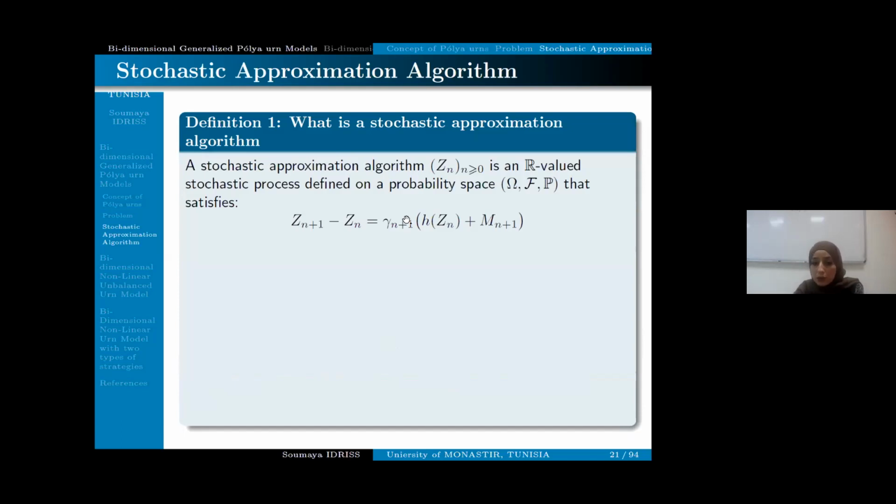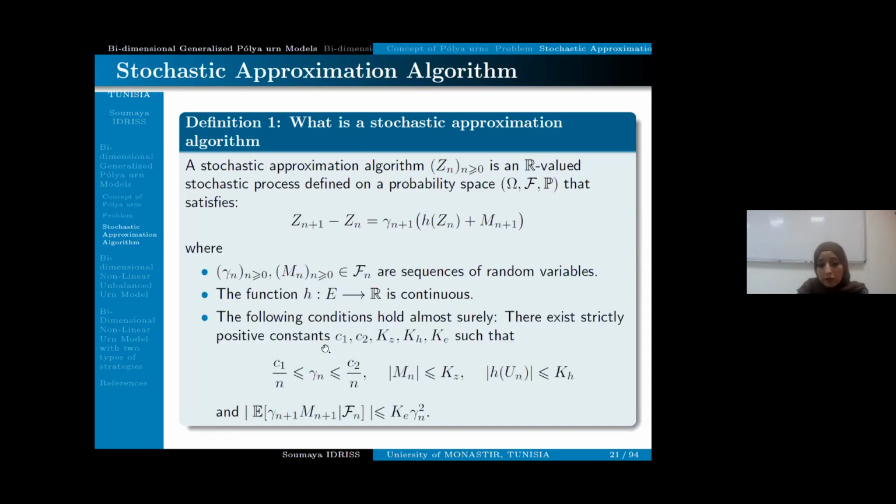So according to Renlund, a stochastic approximation algorithm Zn is an R-valued stochastic process defined by this recursion, in which the sequences gamma n and mn are Fn-measurable sequences of random variables. The function h, which is usually defined on the state space of Zn, is an R-valued continuous function.